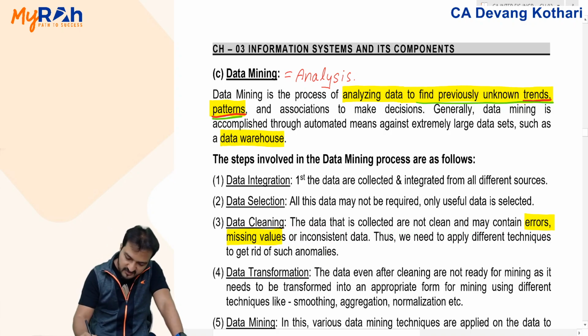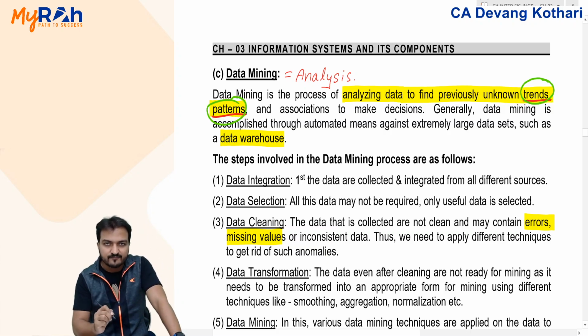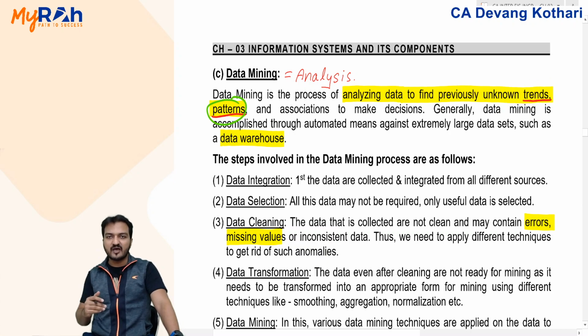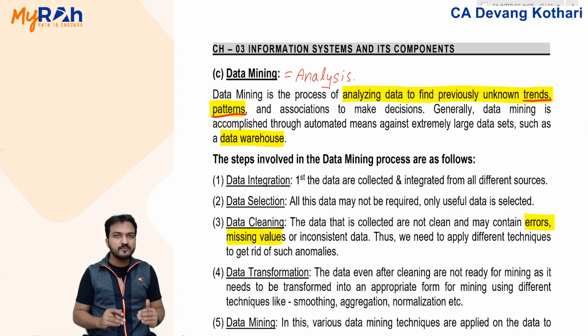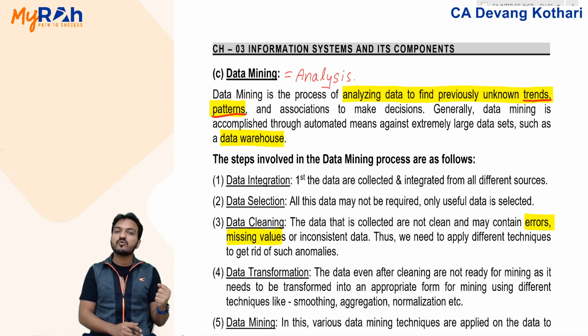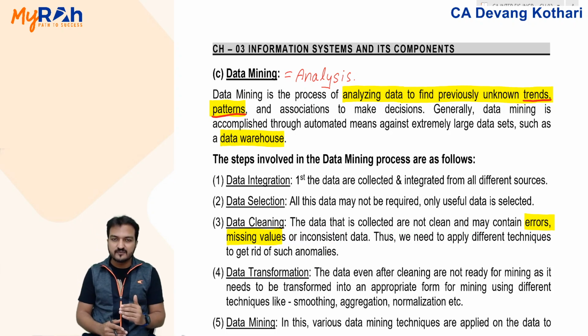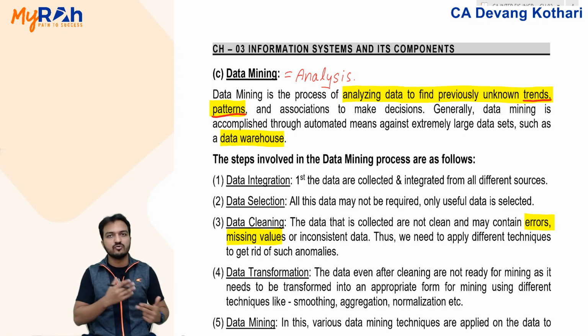Important are these words, trends and patterns. This should come in your answer. Previously unknown trends and patterns. The main purpose of data mining is to do analysis so that you can recognize some unknown patterns, because without data mining you did not know these patterns.